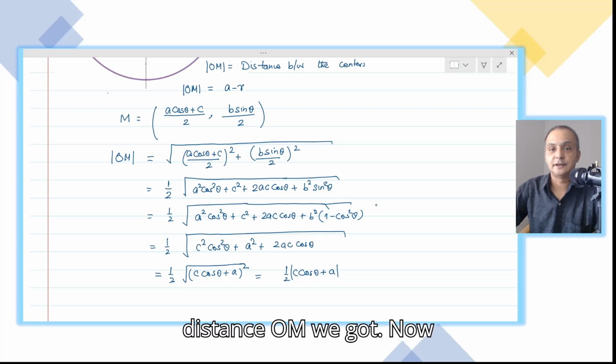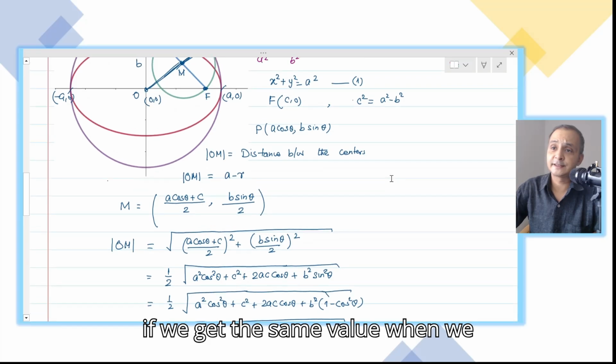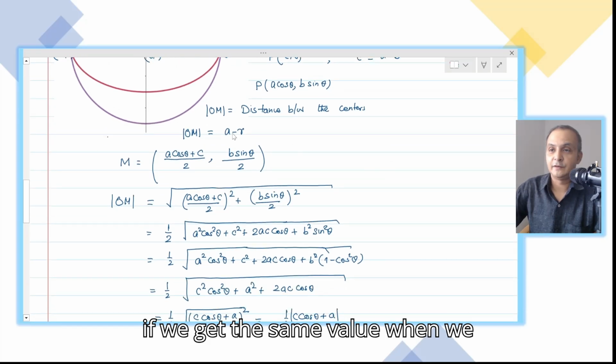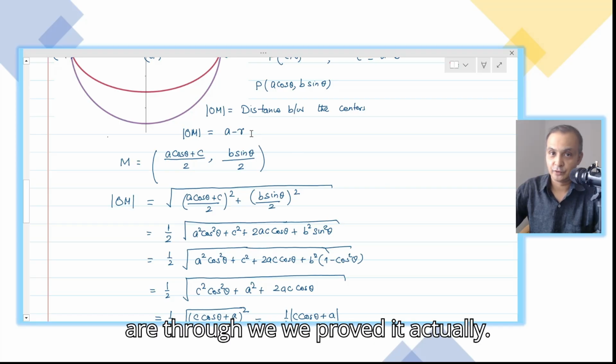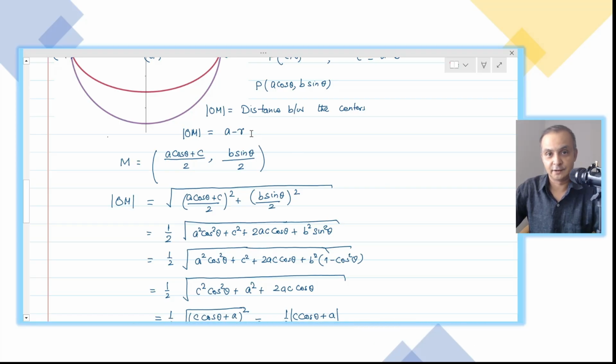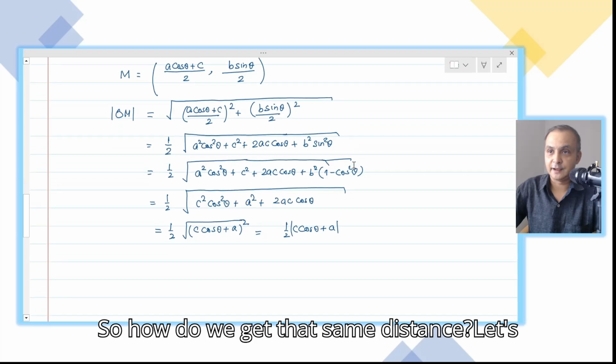So this is the distance OM we got. Now if we get the same value when we take the difference of A and R, we are through. We proved it actually.